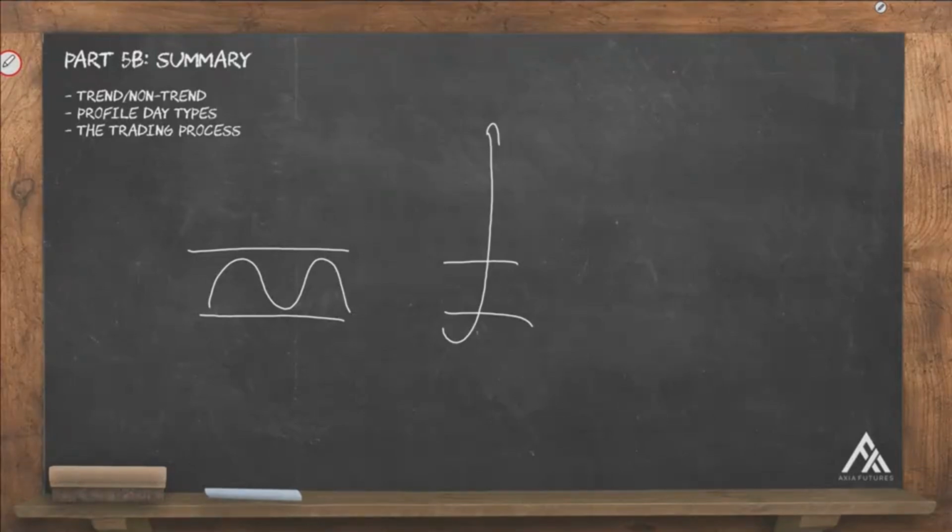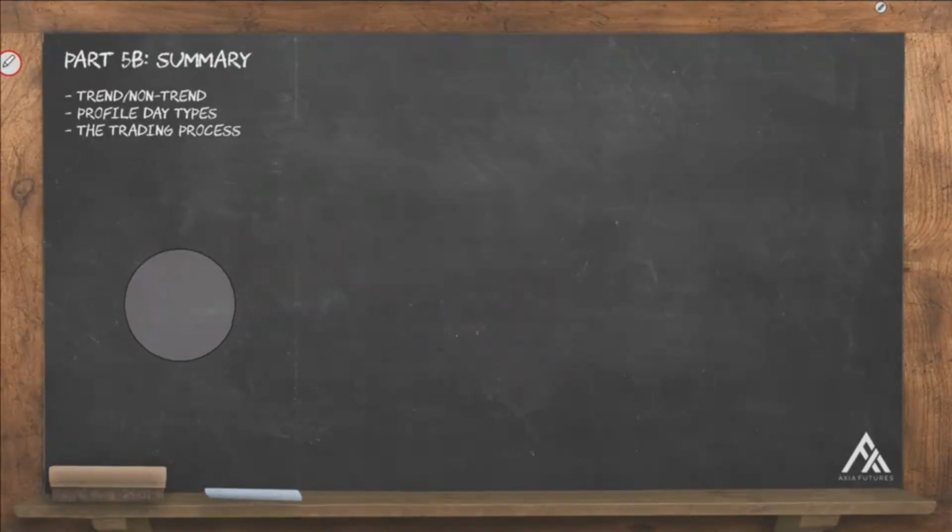We then went on and spoke about a few of the volume profile day types you can expect. Let's briefly go through them. Our first one is the normal day type. The most important thing to understand about the normal day type is that we have a very large opening move in the market, so a very large range in the initial balance period or in that initial pre-cash session, whether it's in the E-minis or the commodities or the FX market.